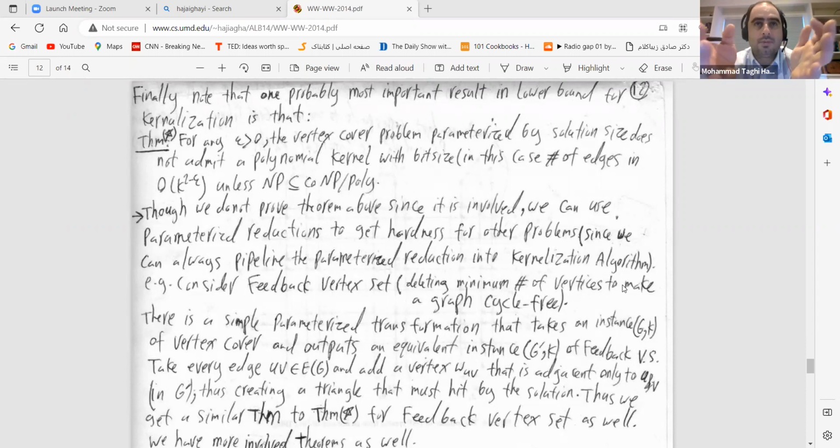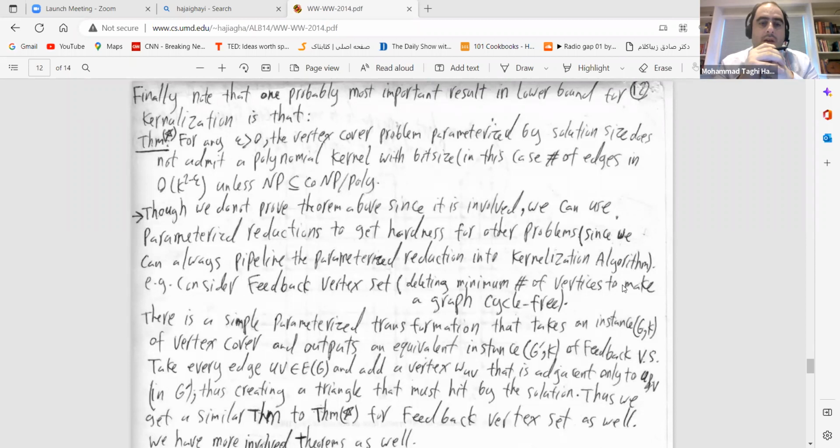The best way for this problem, if you want to find a solution of size k, is to try all subsets of size k and see whether any of them is a solution. You cannot do anything better than that. So either the problem is fixed parameter tractable, meaning there is a good algorithm, or that's the best way. And for planar graphs, the bounds just improve: instead of 2 to the k, it becomes 2 to the square root of k, and we have similar results.